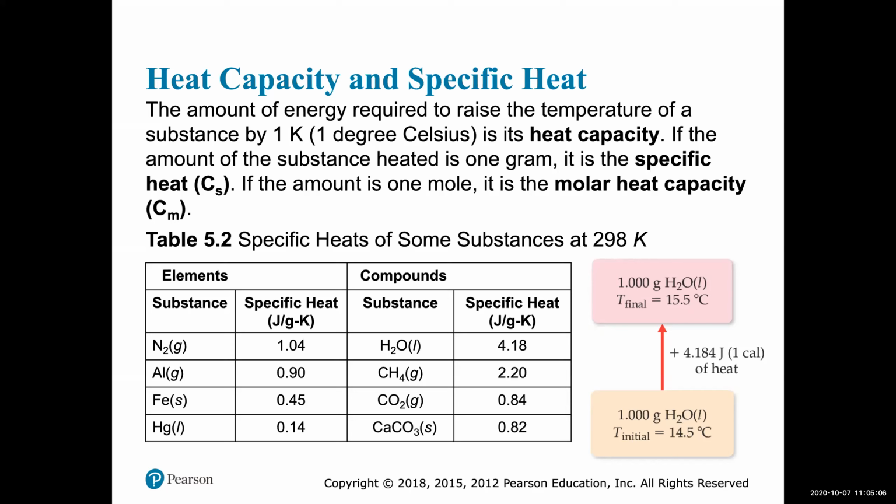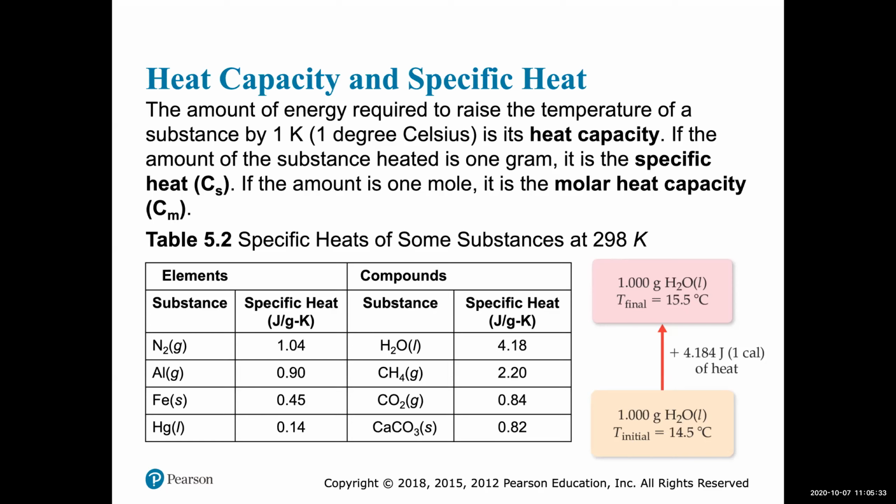Now, if you're talking about the heat capacity of a desk or an object like that, it tends to be just heat capacity. When you talk about substances, so compounds and things like that, then it's common to express it in one of two ways. One is specific heat, which is the amount for 1 gram of the substance.